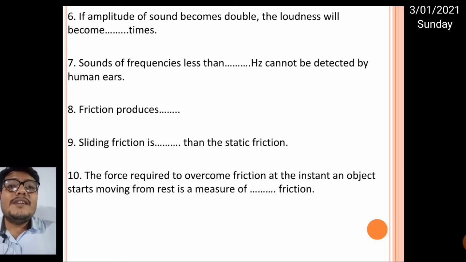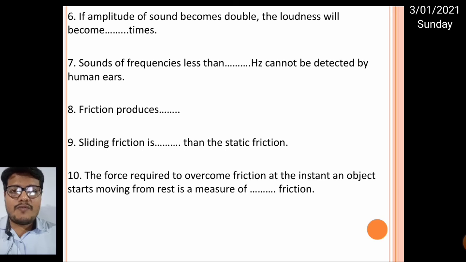If the amplitude of the sound becomes double, loudness will become blank times. Look here, if you're talking about amplitude and loudness, loudness becomes more than amplitude always, right? It is proportional to the square of the amplitude.